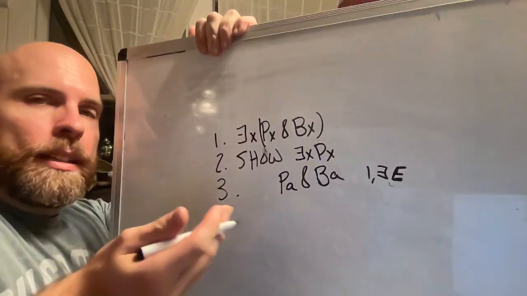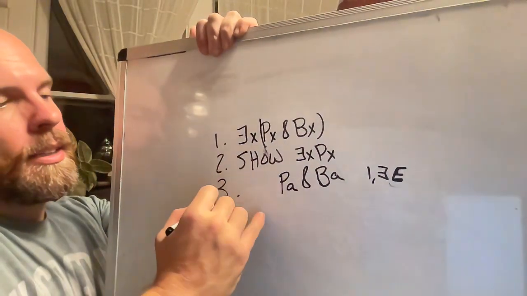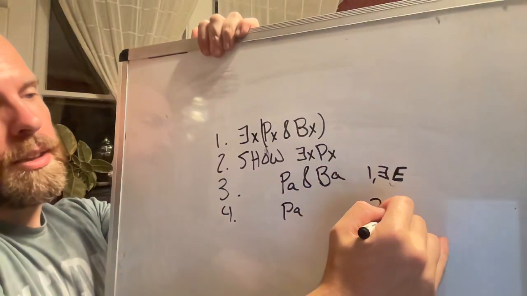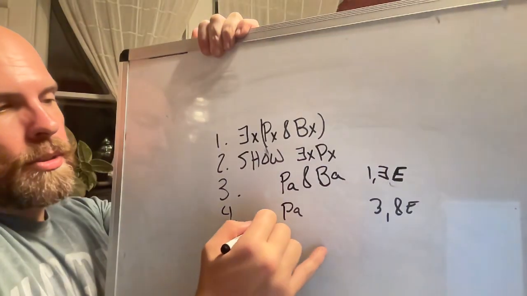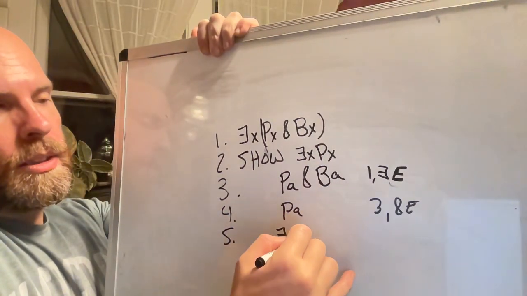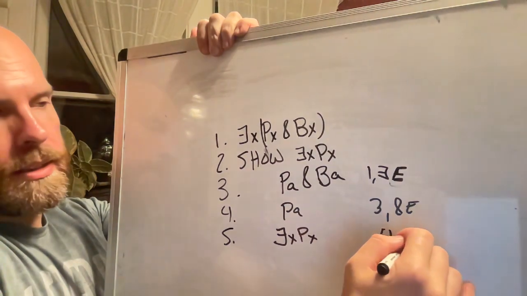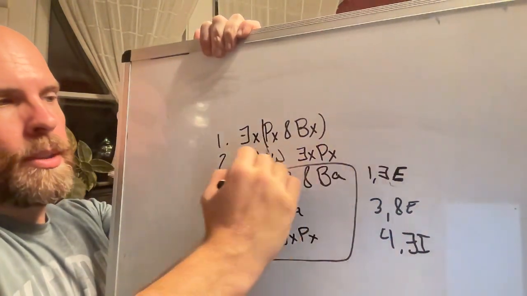So I can pick this arbitrary constant. It could have been any other, and then I can use my normal proof rules from here on. That's conjunction elimination, and I can introduce an existential just from the easy case, for existential introduction here. Boom, boom, boom.